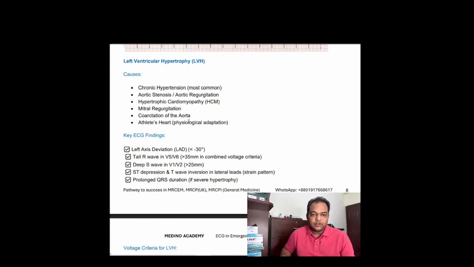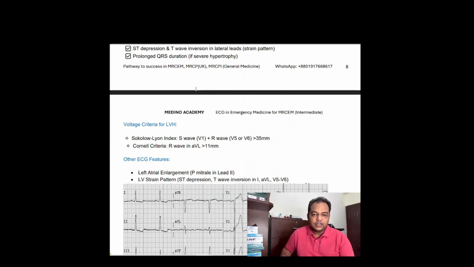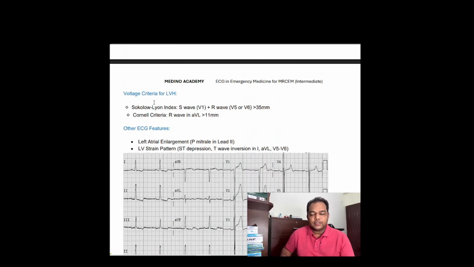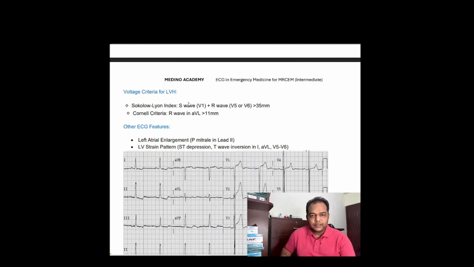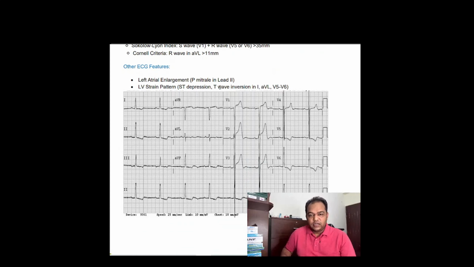And in left ventricular hypertrophy, the ECG finding is left axis deviation. There is a criteria called Sokolow-Lyon criteria for LVH. That means the summation of S wave in V1 and R wave in V5 or V6 should be more than 35 millimeter or more than 35 small squares, and R wave in AVL more than 11 millimeter or 11 small squares.